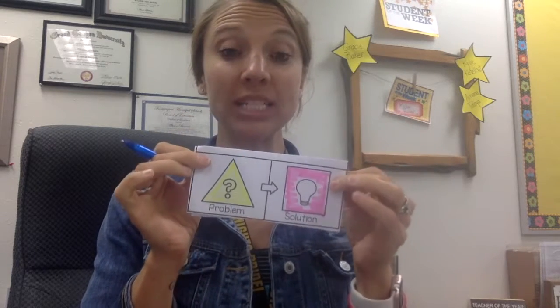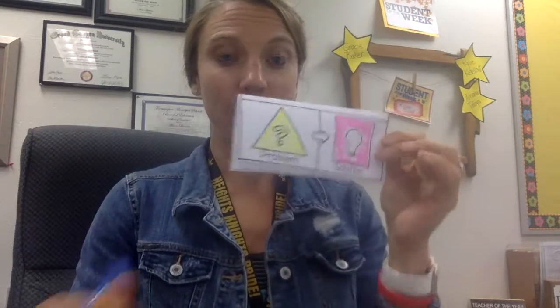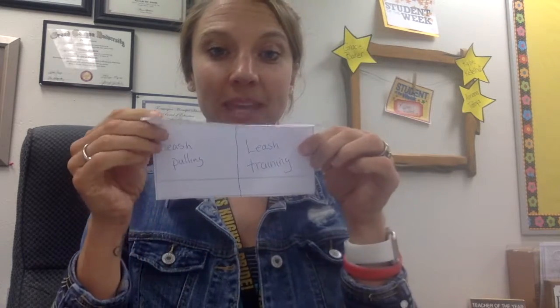Then I'm going to restate my problem and my solution that I found in this text in here. So if I were to state my problem using the text, my problem is leash pulling. And my solution is leash training. So I want to fill that in here.